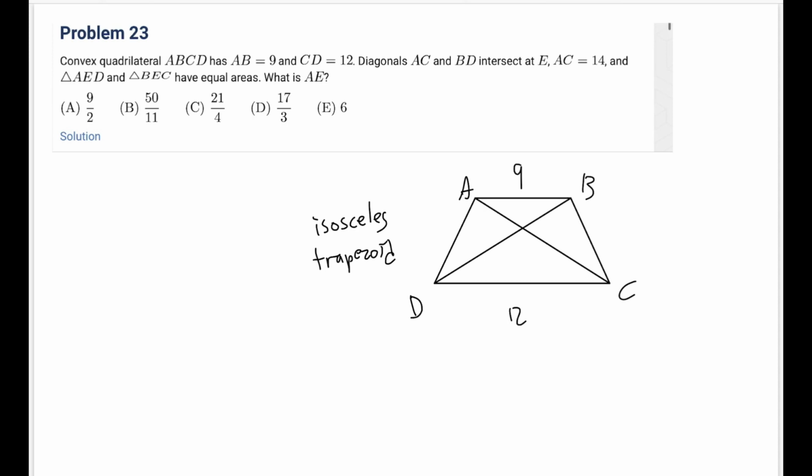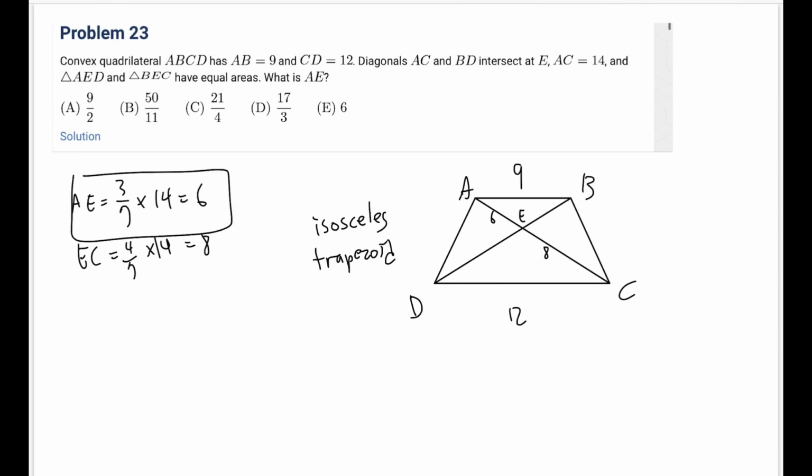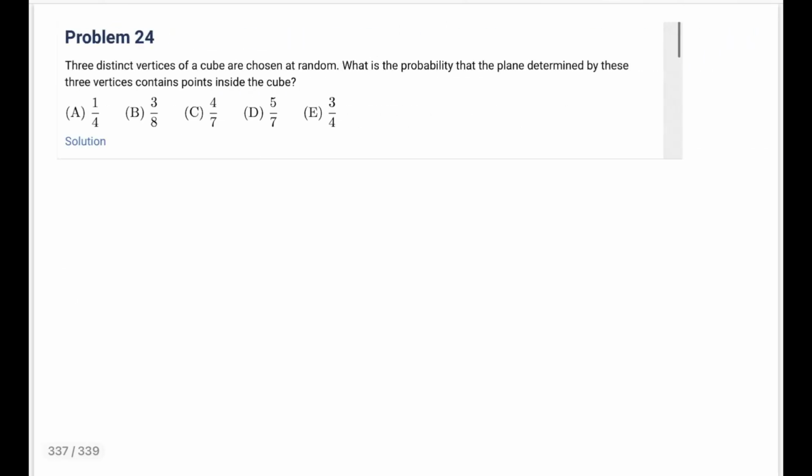So if the whole thing is 14, and this is E, then AE equals 3 over 7, because the whole thing is 7 and this is 3 of it, multiplied by AC equals 14, which is 6, and then EC equals 4 over 7 times 14, which is 8, so this is 6 and this is 8. What is AE? All we wanted was AE, the answer is 6, so it's E.